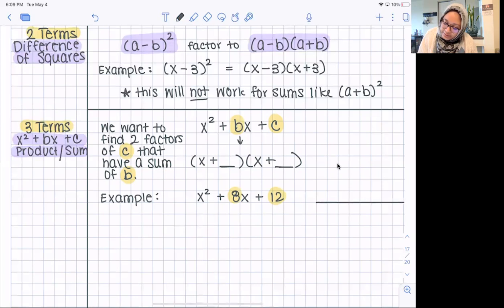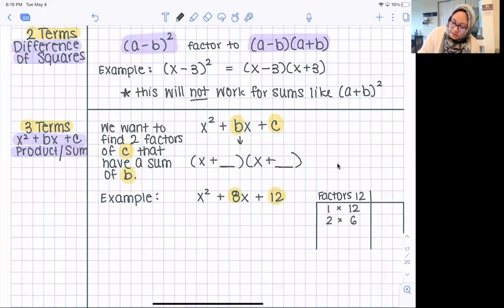On the side, I'm just going to make myself a quick table. All my factors for 12 are 1 times 12, 2 times 6, and 3 times 4. I think those are all of my factors.